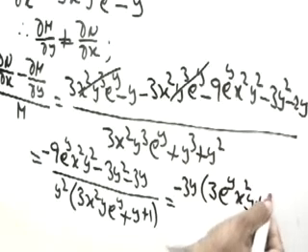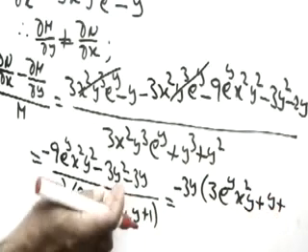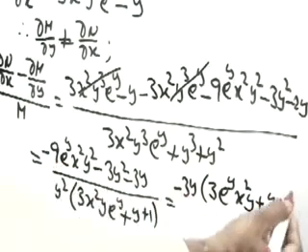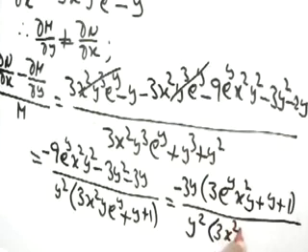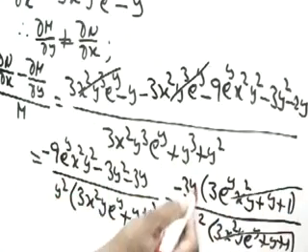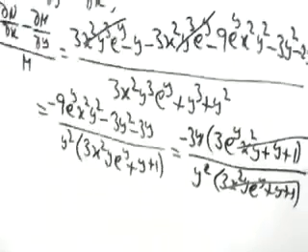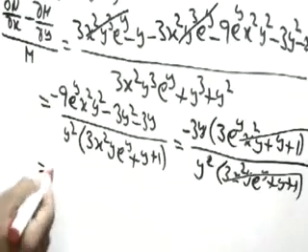Because we have taken minus common, it will be plus 3y, means y is left, plus we have taken 3y common, plus 1, divided by y² into (3x² y e^y plus y plus 1). Now you see these two are the same. We can cancel this one. Now y and square will cancel. Now what is left here?